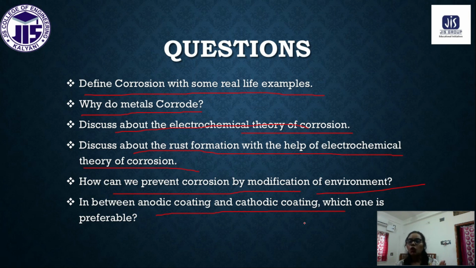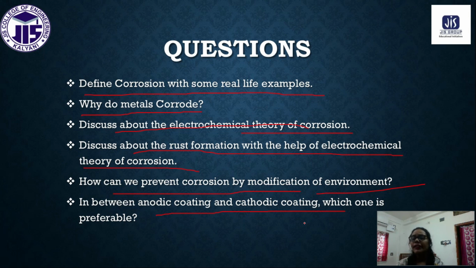During the coating process, if there is a fracture, oxygen will enter through that fracture and will see two choices: the base metal, like iron, and the coating metal, like zinc. For anodic coating it is zinc, which has a higher oxidation potential, so oxygen will first react with the zinc and our base metal will remain intact.